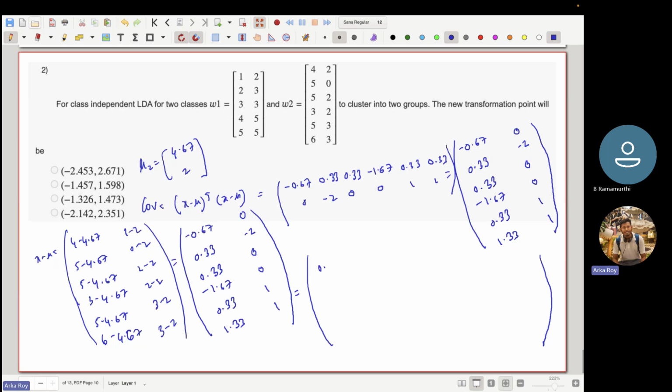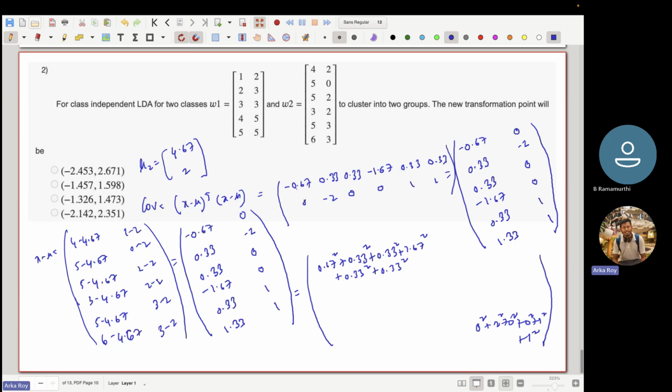So 0.67 square, 0.33 square, 0.33 square, 1.67 square, 0.33 square, 0.33 square. And this particular thing is 0 square, 2 square, 0 square, 0 square, 1 square, 1 square. Okay.